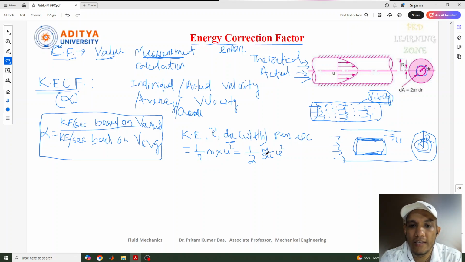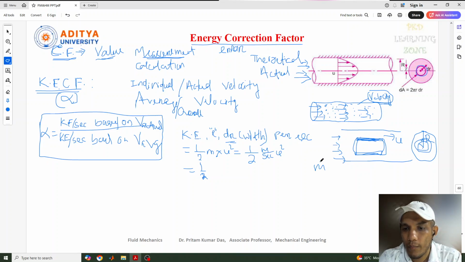Mass per second is nothing but the mass flow rate, and we can represent it in terms of discharge also.